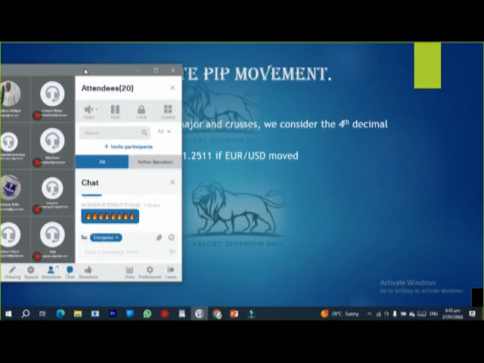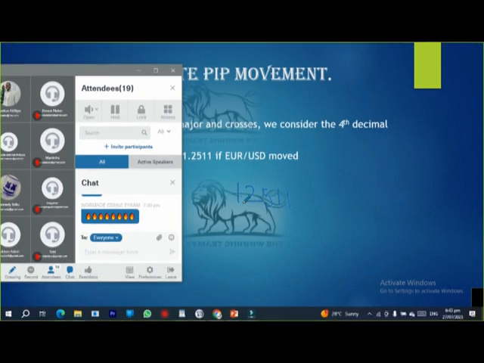1.2511. If you want to calculate the pip movement for this, you consider the fourth decimal place.